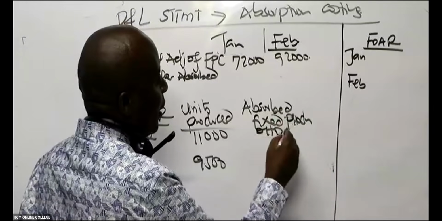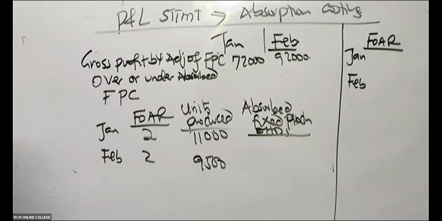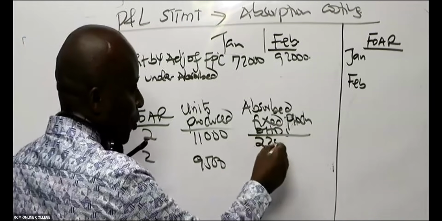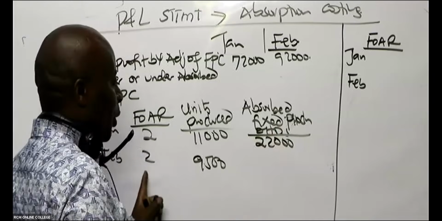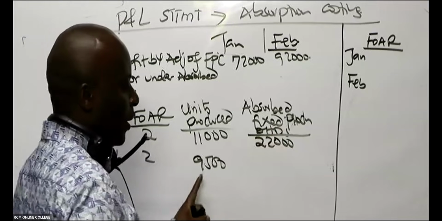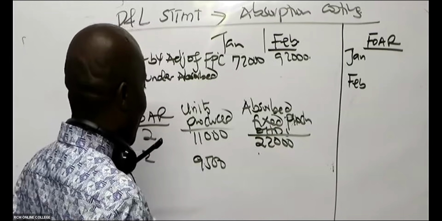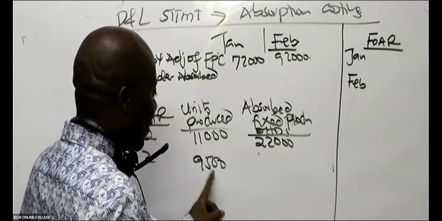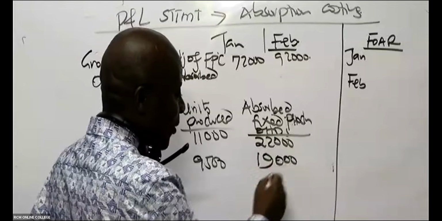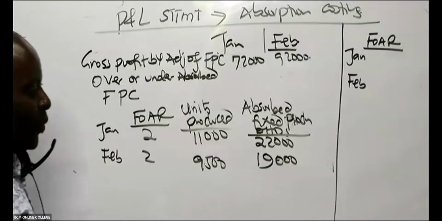It will be 2 times 11,000, which is 22,000. 2 times 9,500 is 19,000. Yeah, you are following very well.